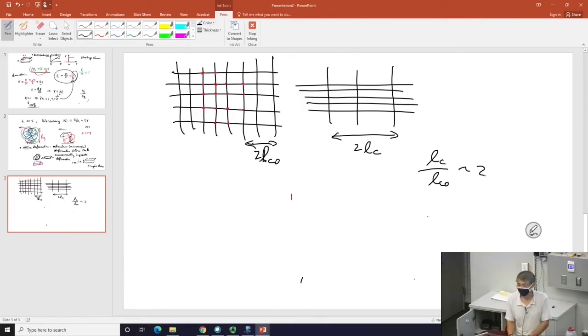You doubled your length. When you double the length of your sample, the separation between the cross-link points also doubled. And that's a very acceptable way to propose that you have an affine deformation, okay? So that's where affine deformation started.